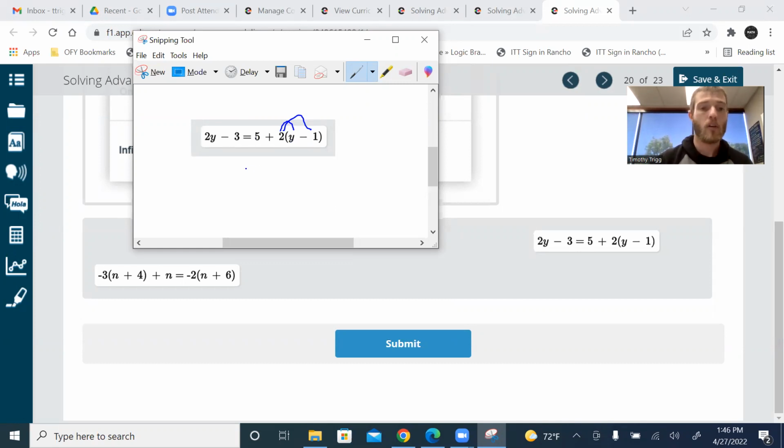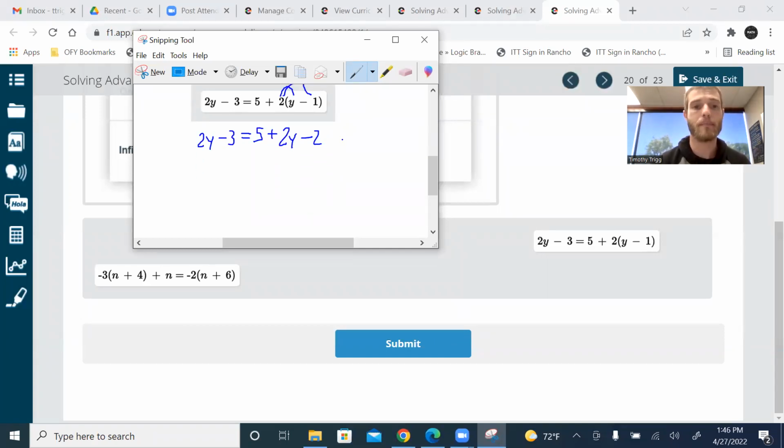Okay, so let's go ahead and distribute this 2 here. The 5 doesn't do anything, but let's distribute this 2. 2 times y is 2y. 2 times minus 1 is minus 2. On the left side, nothing has changed. We can't combine those because they're not like terms.